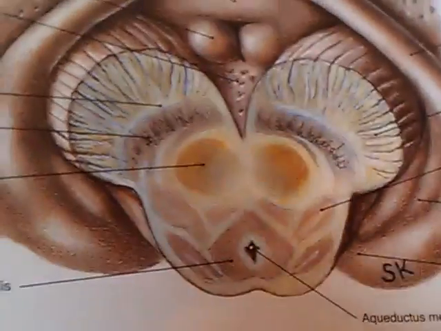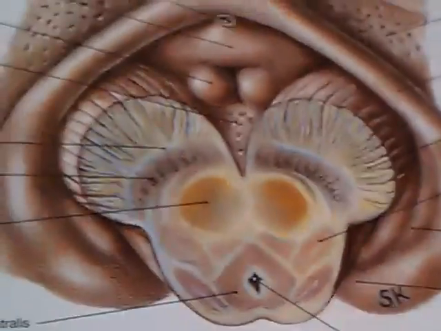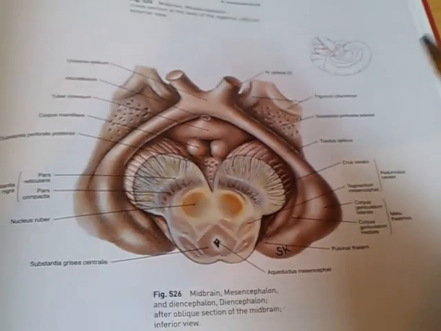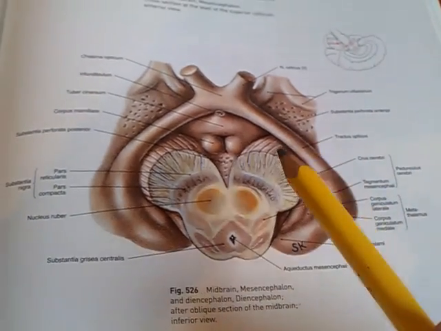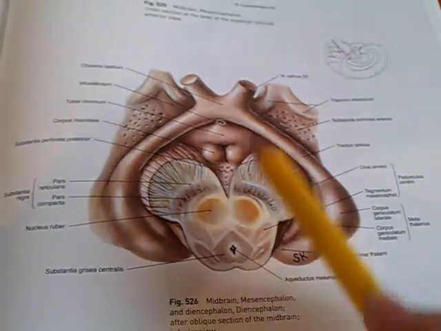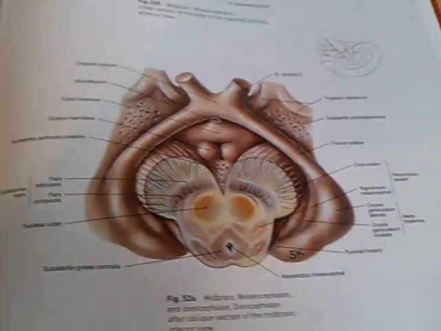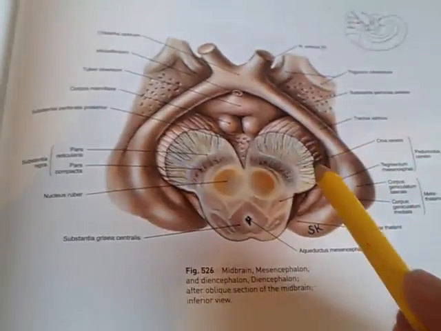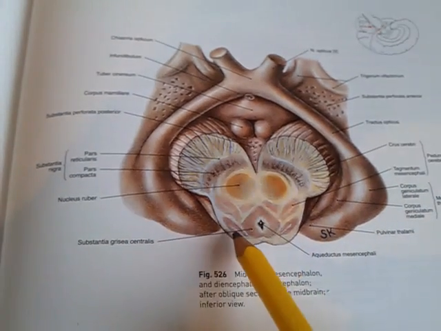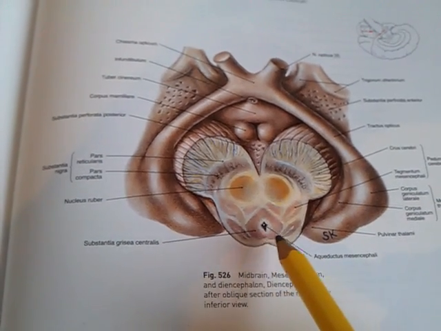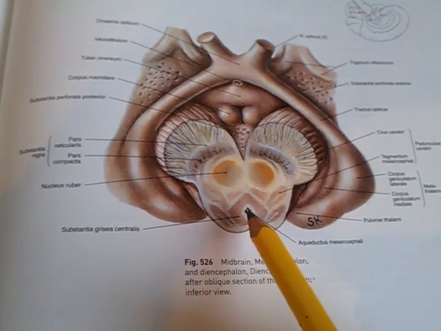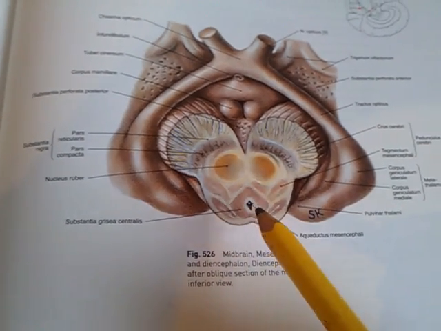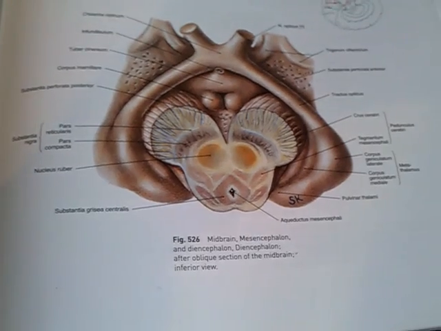And then on the inside, now we are seeing through a cut surface, so we're looking upwards. This is optic chiasm, crura cerebri, tectum, and this is the cerebral aqueduct, between ventricles.